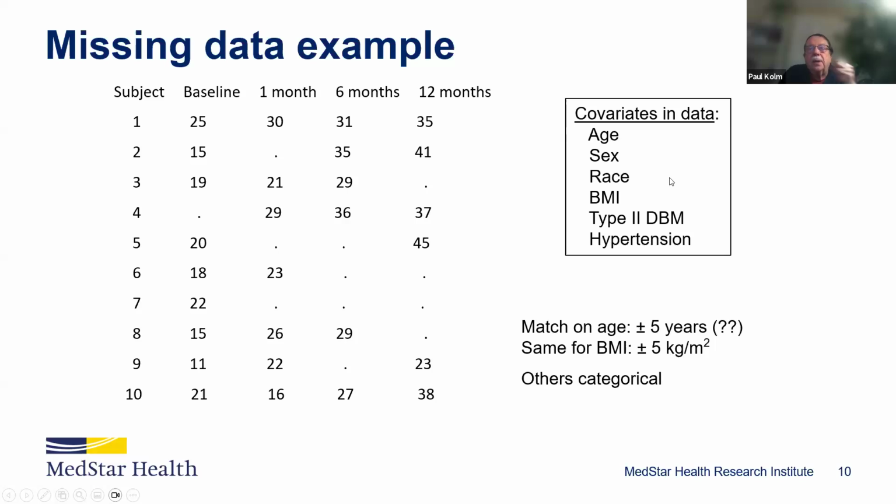And then the others, like sex, race, whether they have type 2 diabetes, are categorical variables. So if you match on age and BMI, then you have to find a similar patient that is the same age, same sex, same race, and whether they have diabetes, yes or no, or whether they have hypertension, yes or no. So you can see that it can get quite complicated to do this sort of imputation, but by and large, when we do these kinds of things, whether it's last value carried forward or hot deck imputation or replacing with the mean, we might very well bias the results of our analysis.